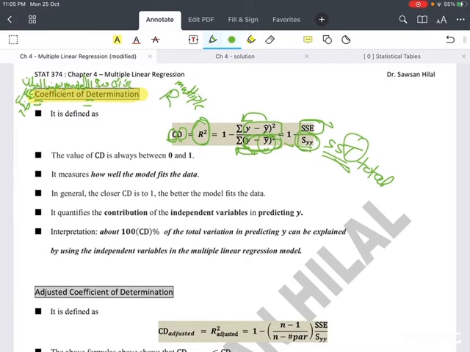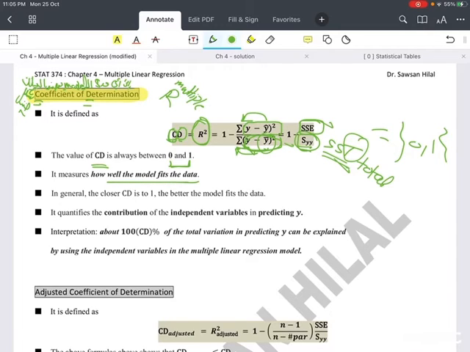The value of CD is always between 0 and 1. So the value هني لازم تطلع لي محصورة من 0 إلى 1. It doesn't exceed 1. It measures how well the model fits the data.